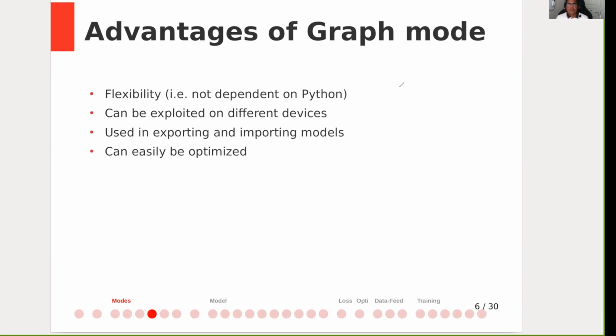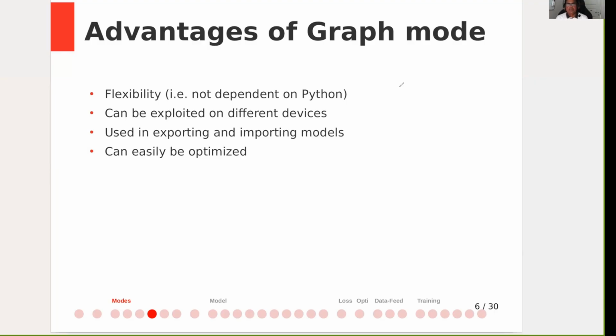Another advantage of graph mode is that it can easily be optimized. Once you have created the graph, there are algorithms which can be used to optimize the graph. Hence, you can attain better speeds.